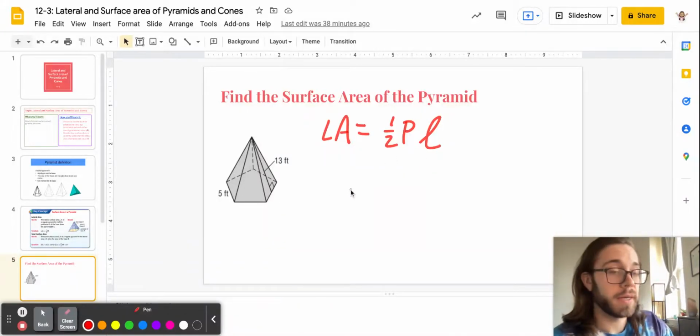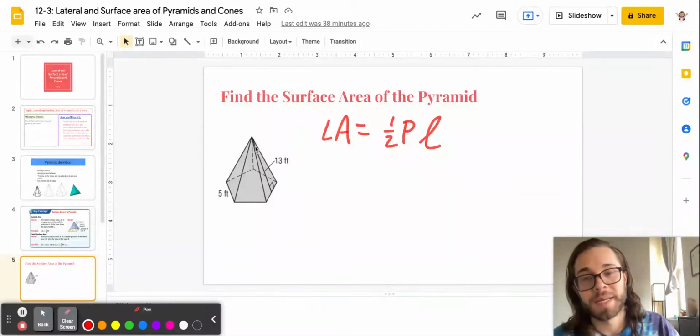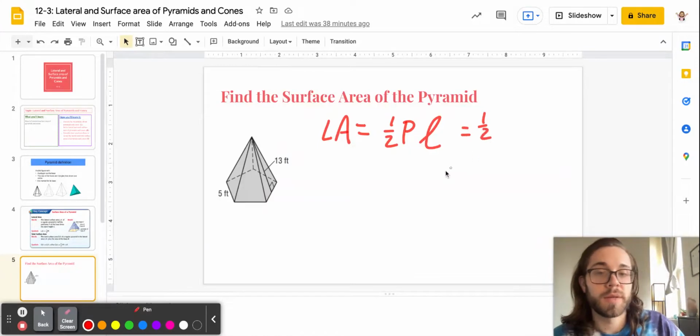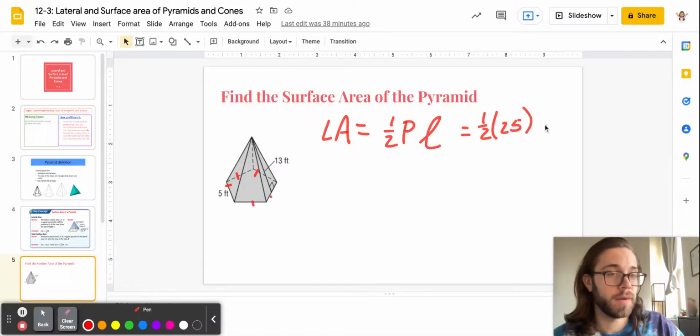So it was very nice. They gave us the slant height right here. They gave us a slant height of 13. And we have 1, 2, 3, 4, 5. So we have 5 sides, and we have a side length of 5. So we have a perimeter of 25 times 13.